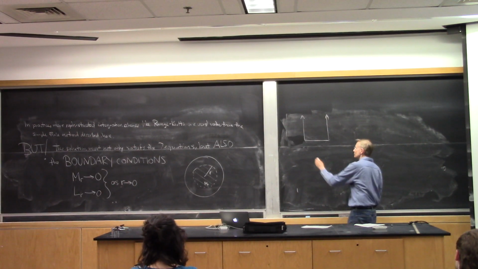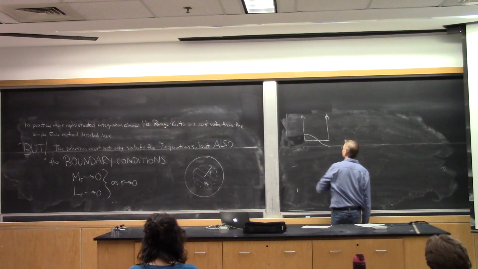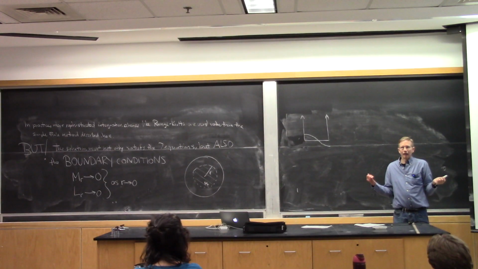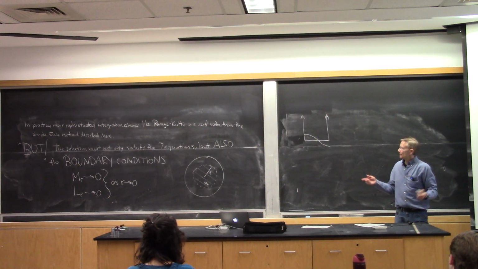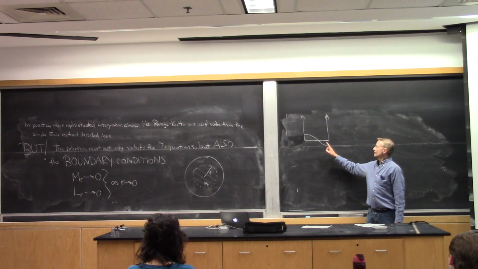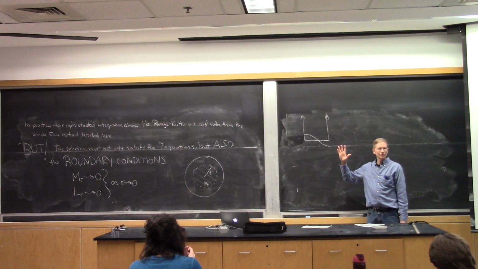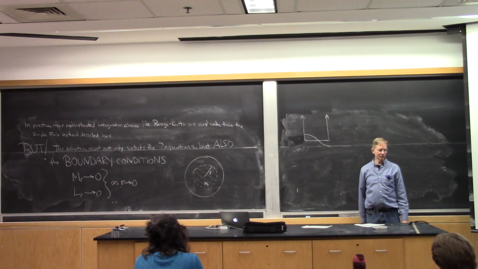There is a solution of the Schrödinger equation that within the well would look like this. That's a sinusoidal function. It would be energy of h bar squared k squared over 2m, where k is 2 pi over the wavelength. Is this a legitimate equation? This is a solution of the Schrödinger equation. Any sinusoid is a solution of the Schrödinger equation inside the well. Is it an allowed solution?